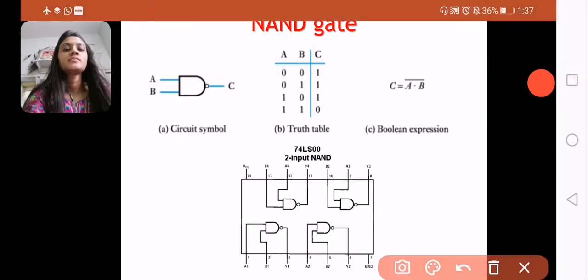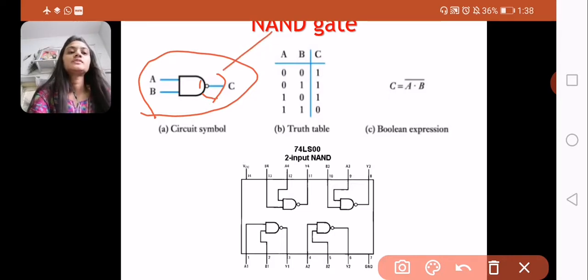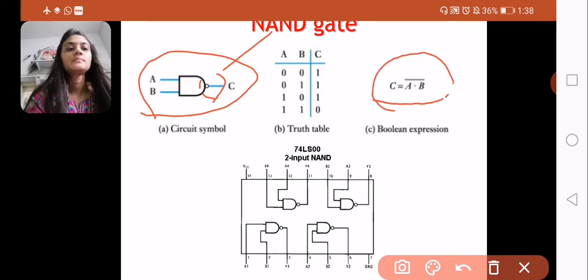NAND gate means not AND gate. So after the AND gate, put one bubble, that is the NAND gate. In the truth table we first apply AND operation, multiplication of 2 bits, and then the NOT. So the equation will be A multiply B whole bar.